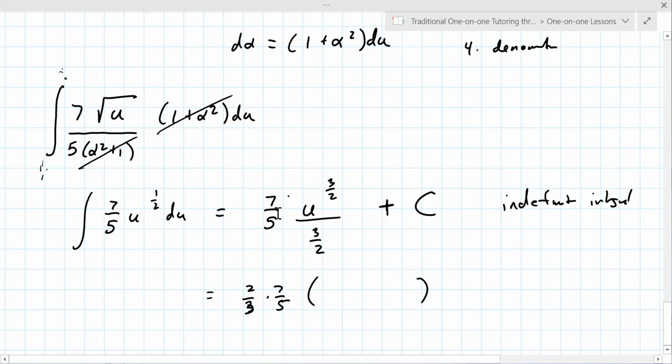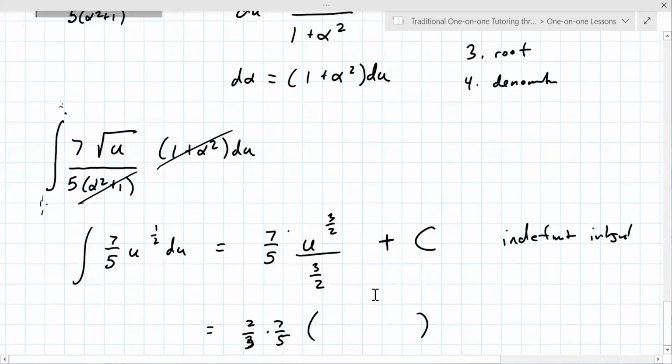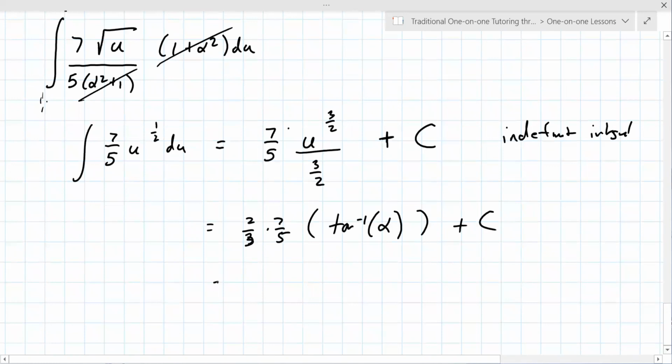And sometimes you forget what your u is. You just go back and look. It's arctangent of alpha. You have to do this. Just always know that you're going to back substitute. And then, 14 over 15 arctangent of alpha plus c. And that would just be my answer. That's your final answer there.